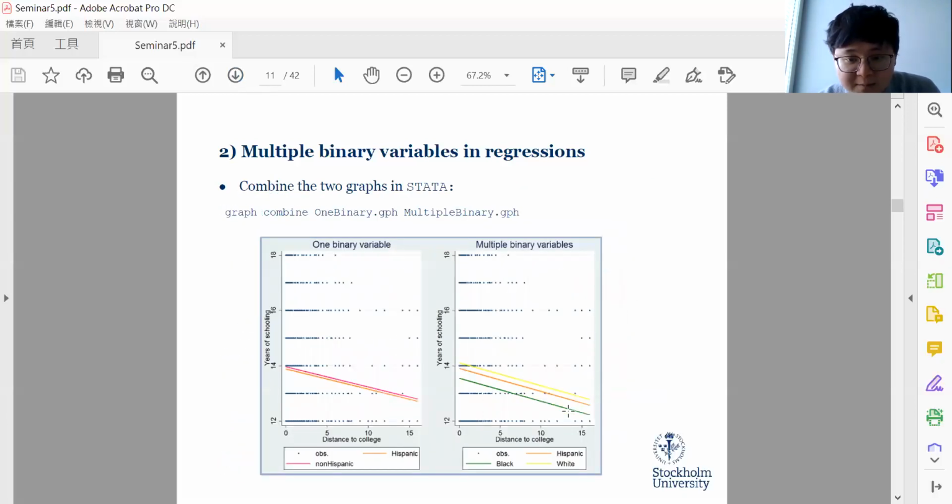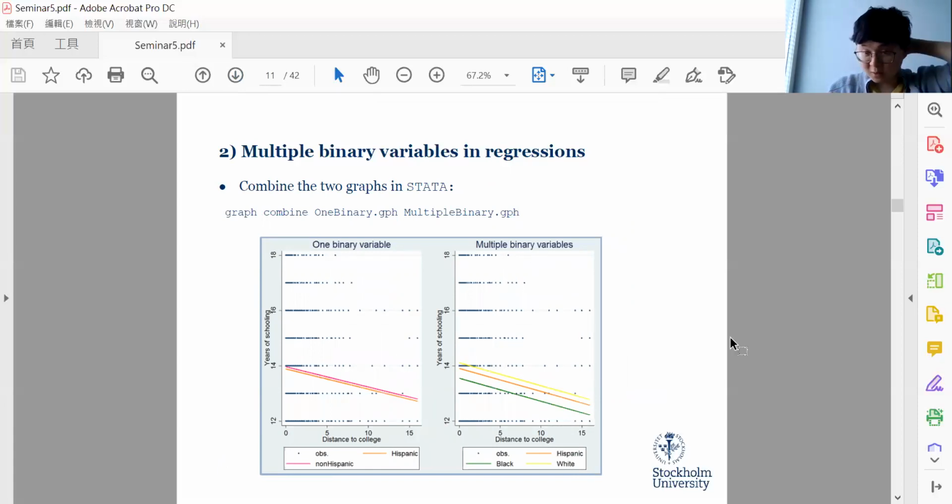So the difference between white, the yellow line, and Hispanic is 0.205, and the difference between the yellow and green line is 0.56.